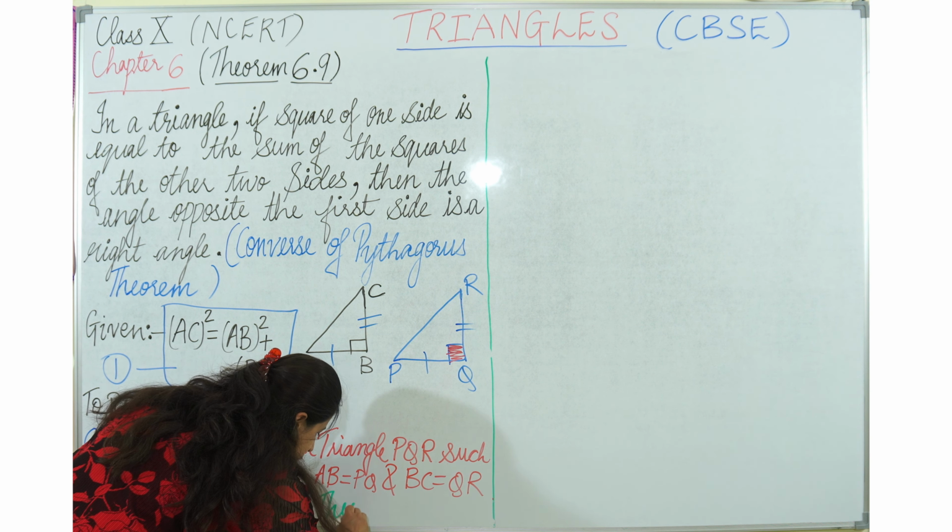Now, AB is equal to PQ and BC is equal to QR.